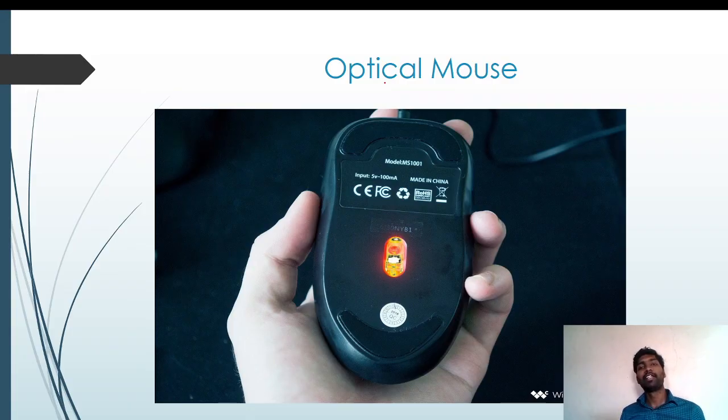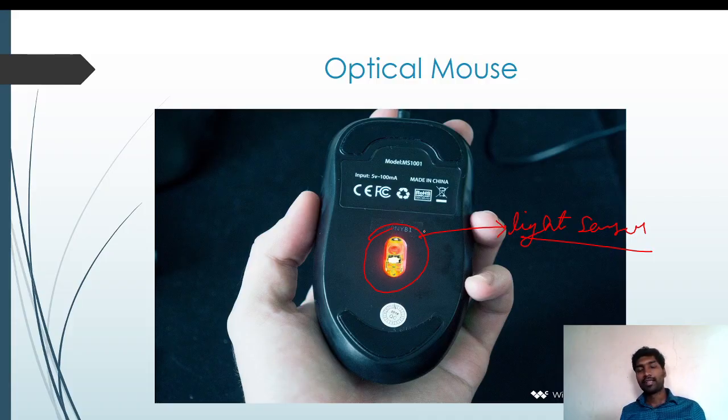And the last type is the optical mouse. Nowadays we can see it everywhere. Here this is a light sensor. Based on this sensor movement on the floor, we can access it.